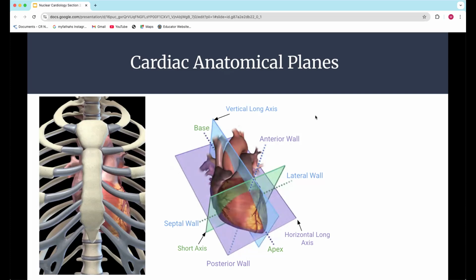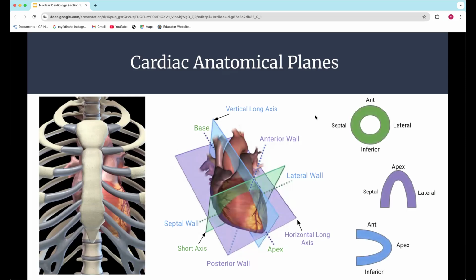Now, when we view these images for stress testing, we're going to view these as slices, just like you would on a CT. So we need to talk about how that translates into what a slice looks like when you look at it, and how we look at those on an image. So, like I mentioned, the short axis is slices from the apex all the way to the base.